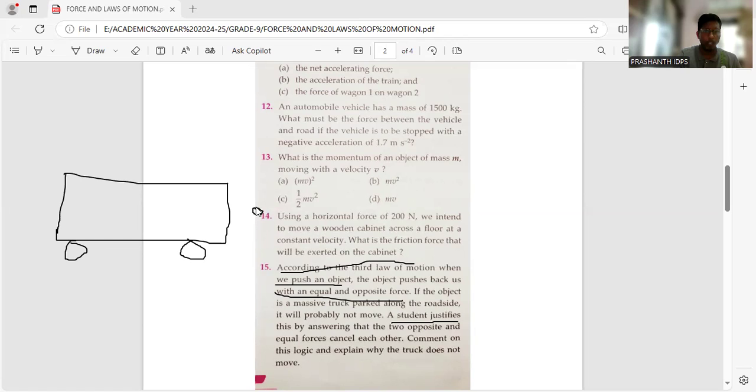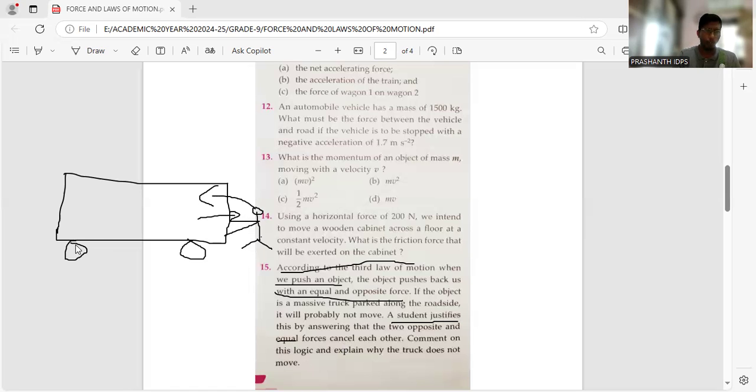Suppose a student is standing here, imagine, and he is trying to push the truck. Will it move? It won't move because the mass of the truck is more than the force applied by the person. Two forces are involved: the force of the person on the truck and the truck's force on the person.